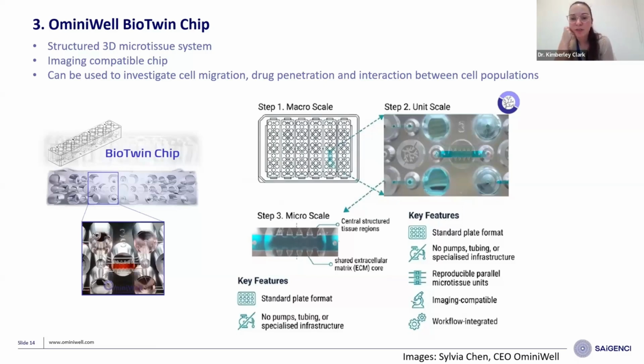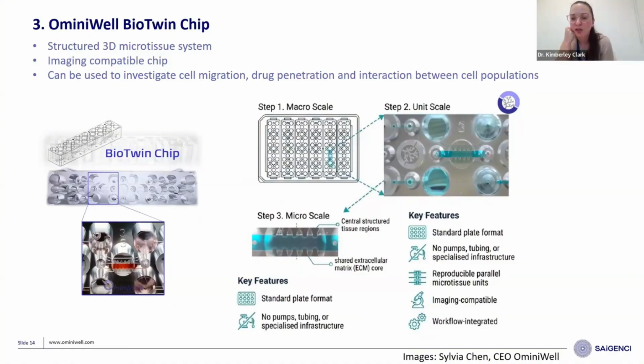And this has been great for us because as we're investigating how our tumor cells interact with our other populations, one of the things we've encountered is that sometimes you've got competing cell growth profiles, and by mixing them together, you start to get a dominant population, and you can't accurately assess how they interact with each other over time.